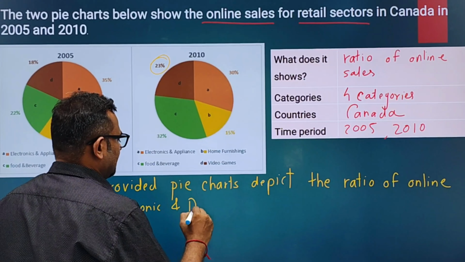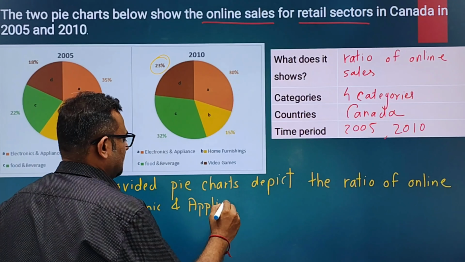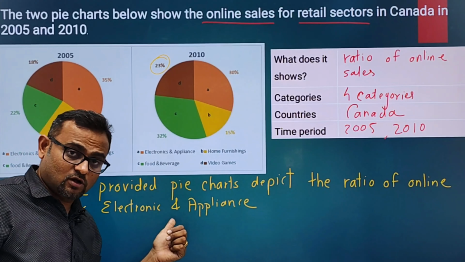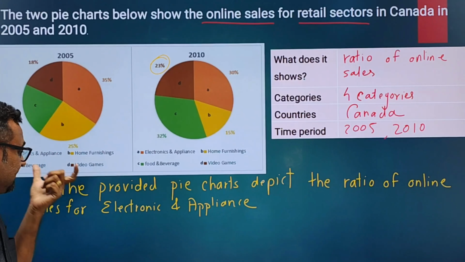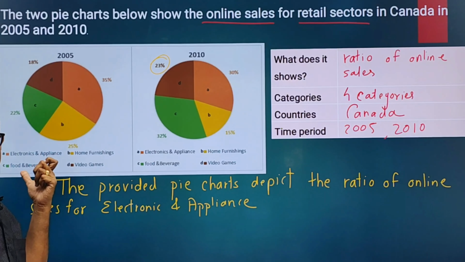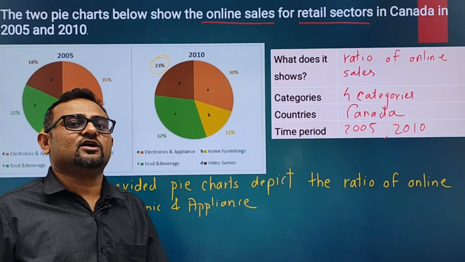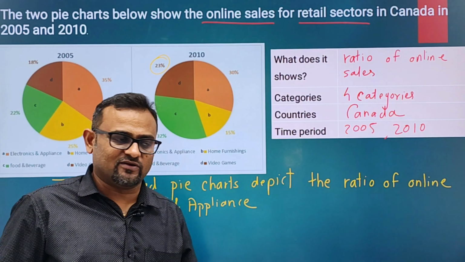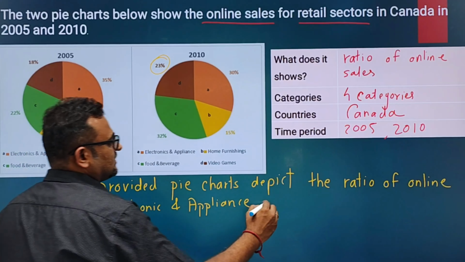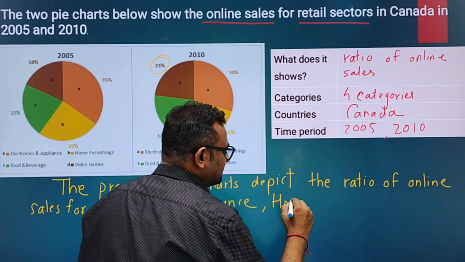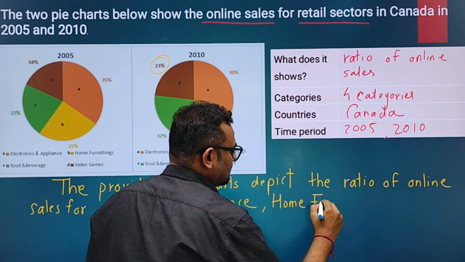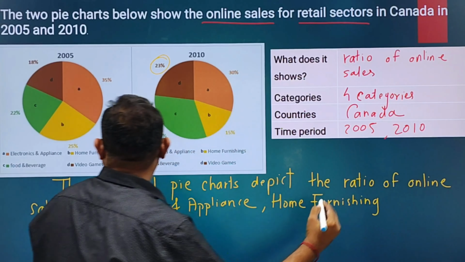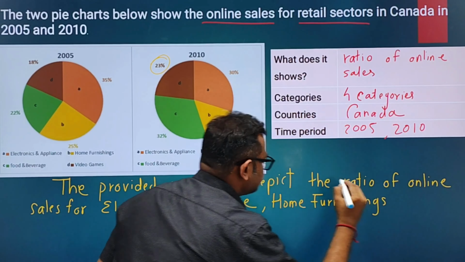Electronic and appliance. In the chart that category is a number, so I am using the symbol, whereas in normal writing you can't use symbols for IELTS writing. It must be formal writing. So electronic appliances. Next is home furnishings.